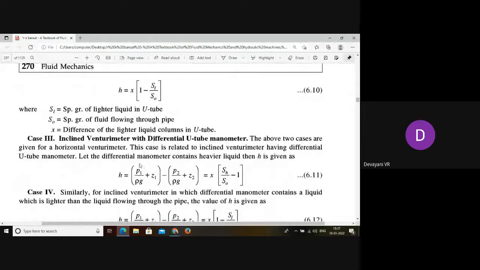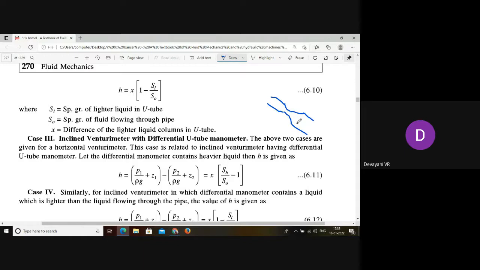And suppose in case of the inclined venturimeter, the venturimeter is in inclined position like this.